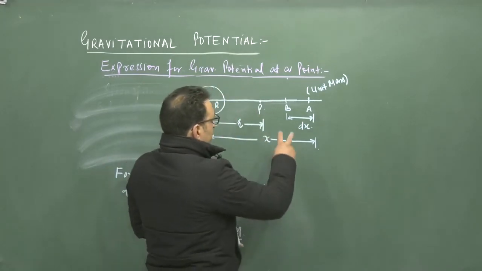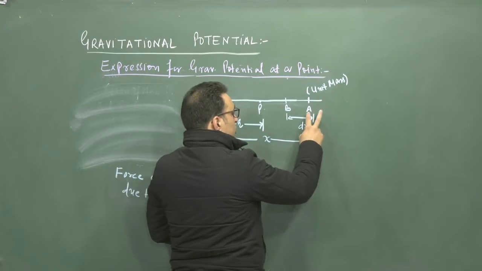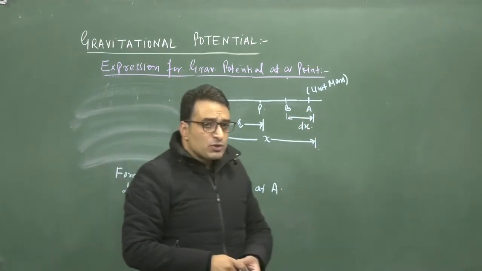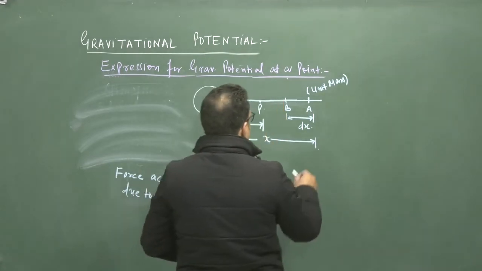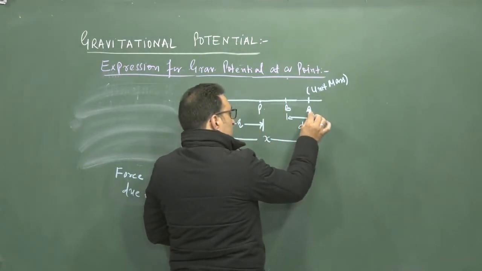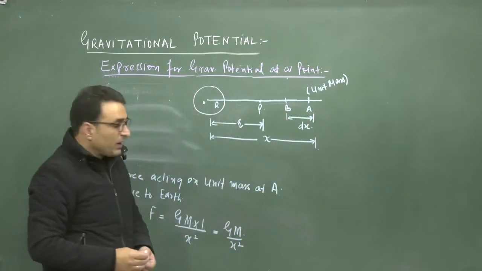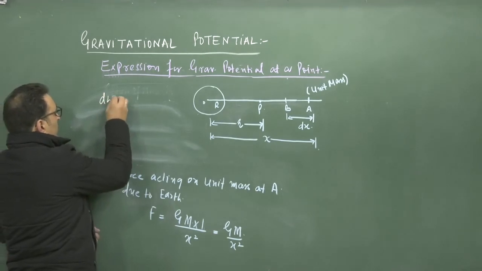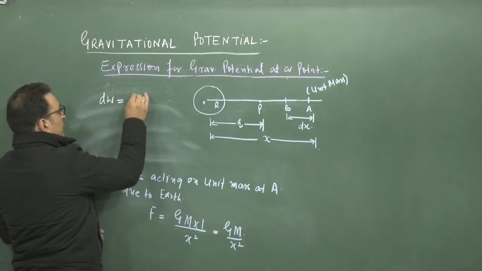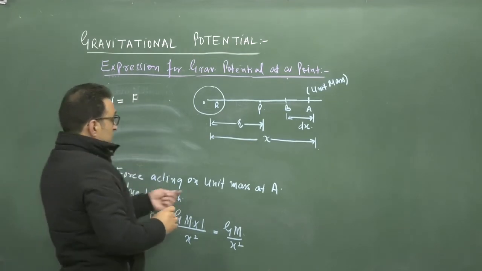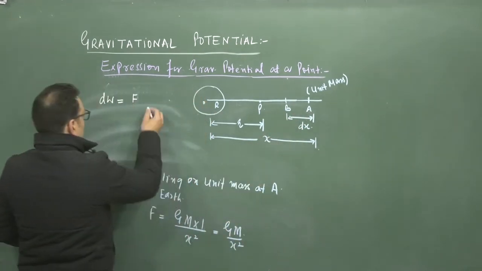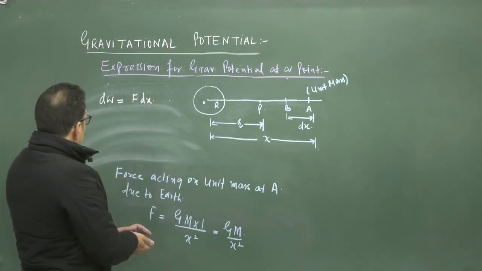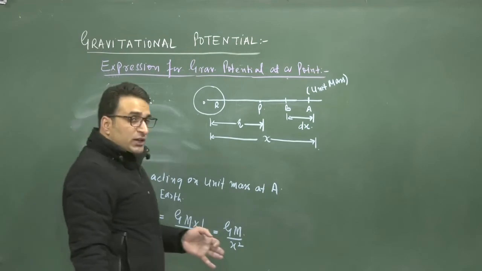Let me now calculate, if the unit mass is placed at point A, the small amount of work done in order to bring a body of unit mass from point A to point B. That work done dW will be equivalent to F, this is the force, into the distance, F dx. Actually the expression is dW equals F dot dx.